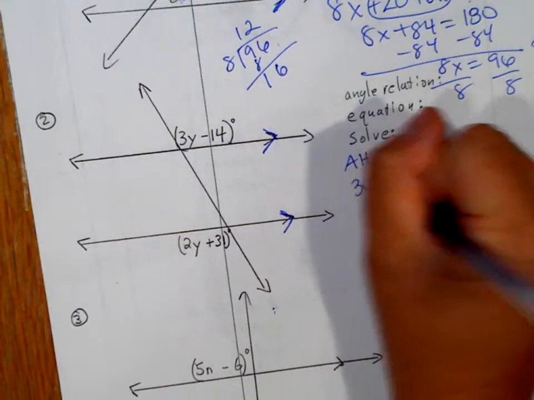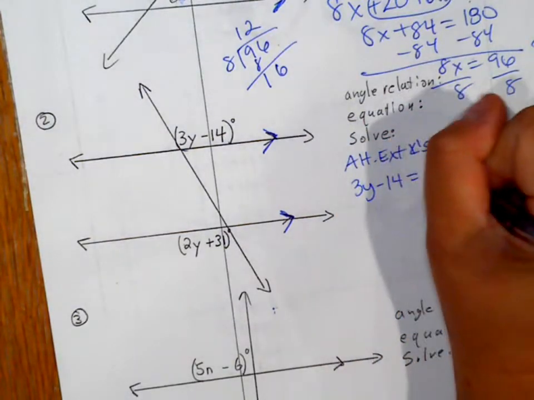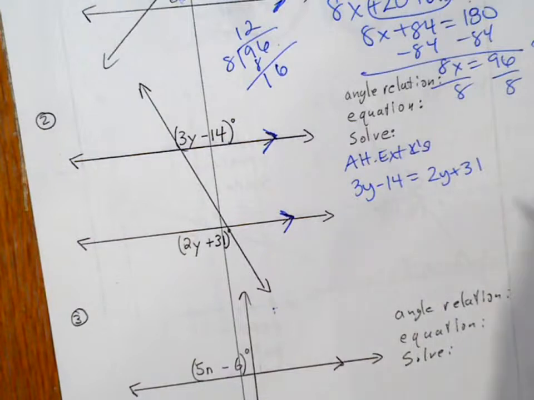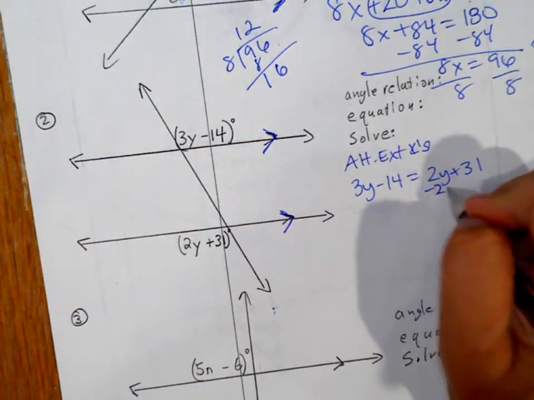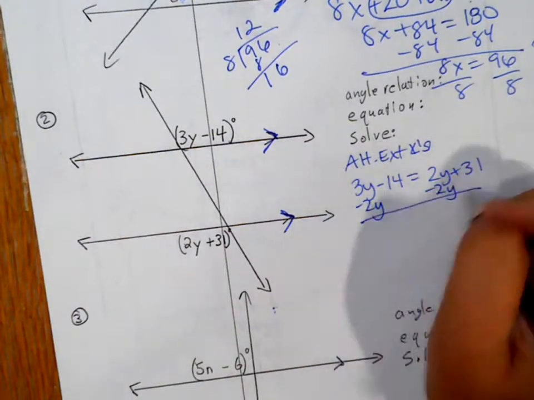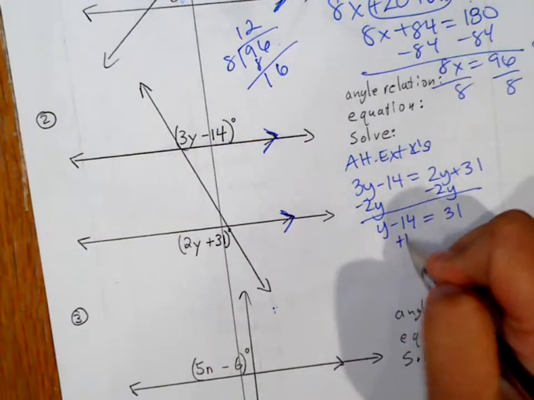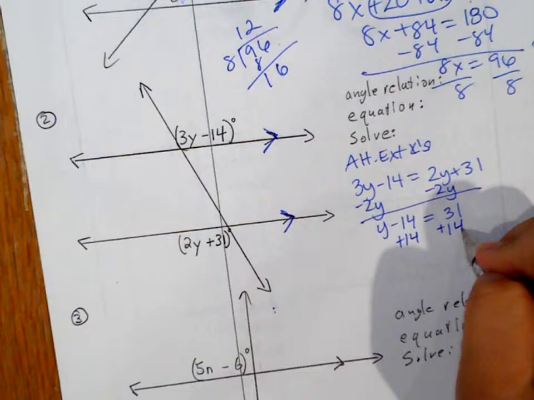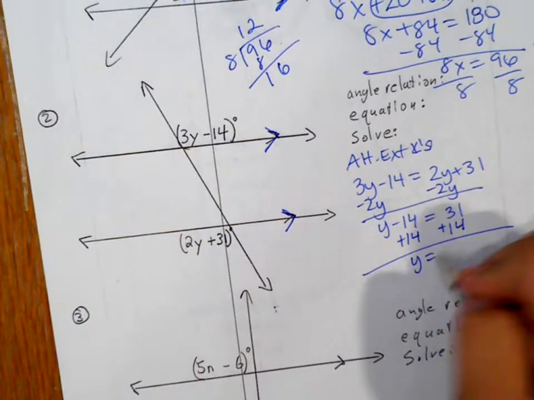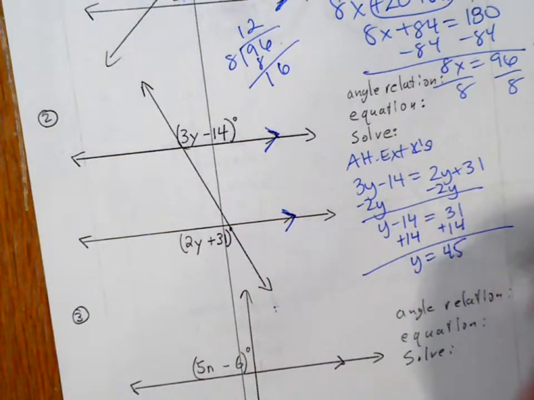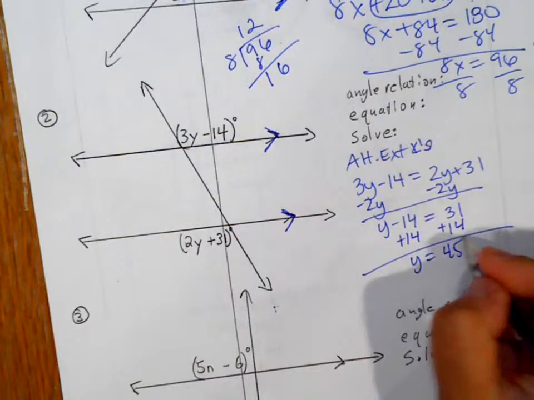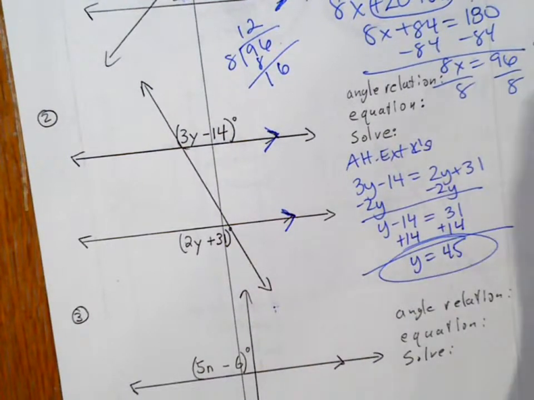So 3y minus 14 equals 2y plus 31. And we're back to the same thing, solving equations. y is equal to 45. If you're in my class, you know better. Enclose all your answers. It makes a difference so we can see them.